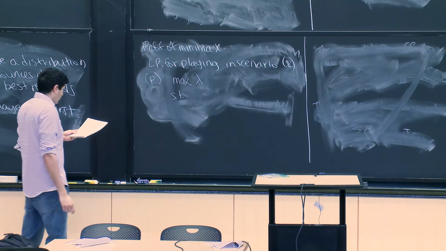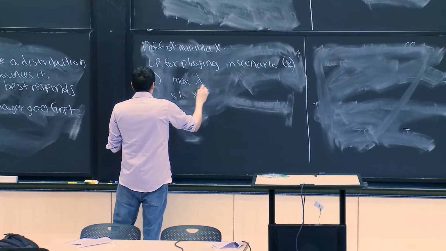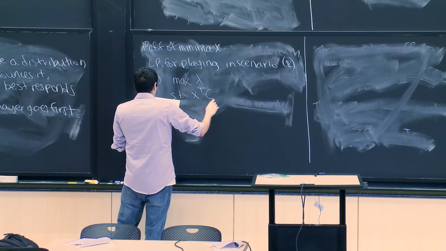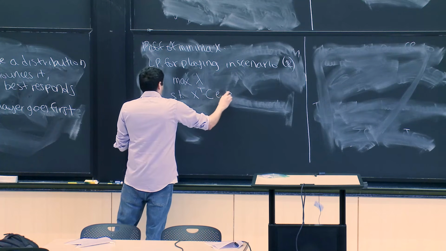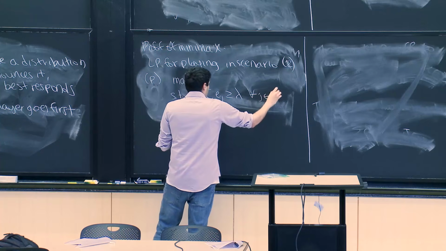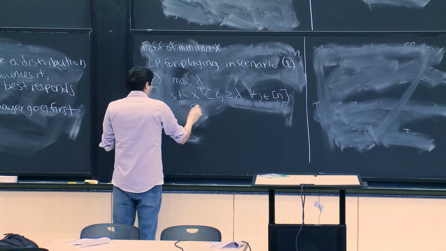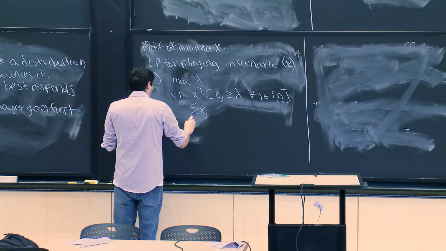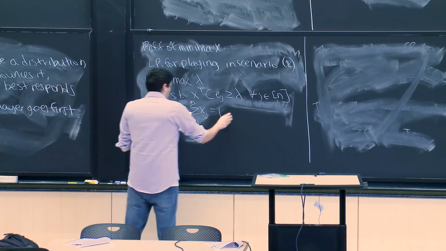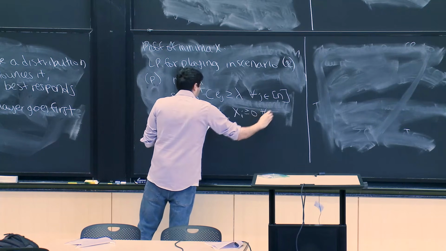So for scenario 2, we want to maximize lambda subject to the constraint that x transpose c ej is at least lambda. This should be true for all j in my strategy set N. I want that the sum of the xi's from i equals 1 to m is equal to 1, and all of the xi's are non-negative for all i.